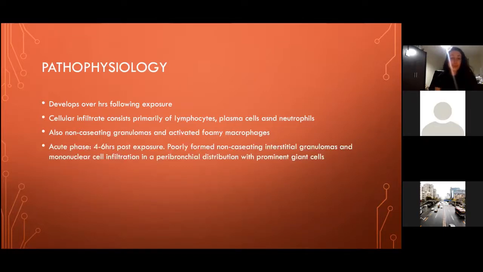So in the acute phase, that's 4 to 6 hours after exposure to the antigen, and you get poorly formed non-caseating granulomas, as well as a mononuclear cell infiltration with giant cells.